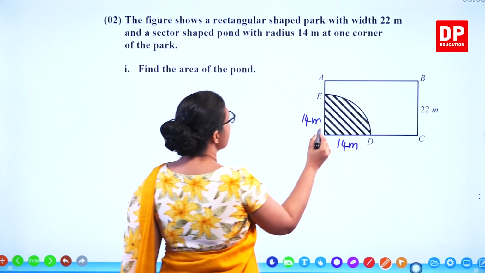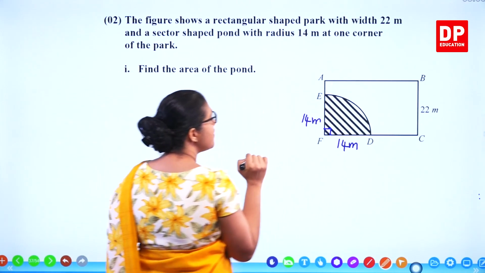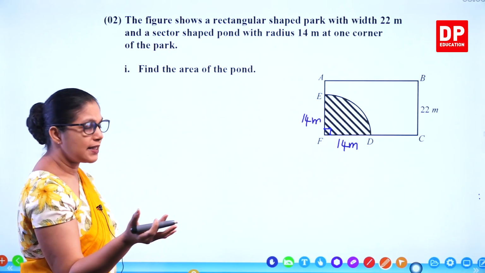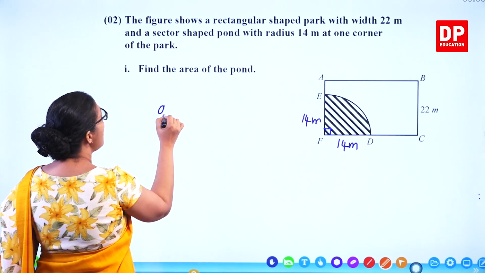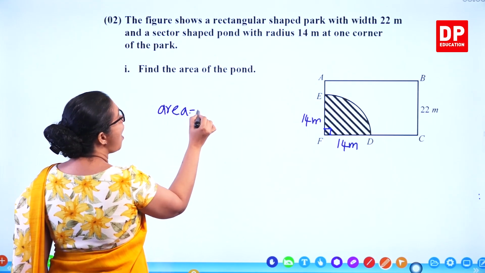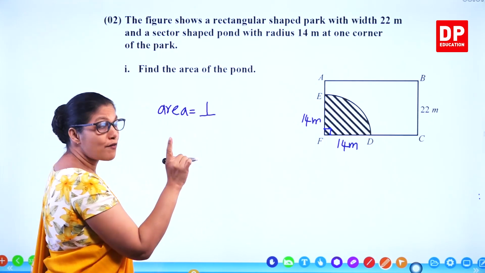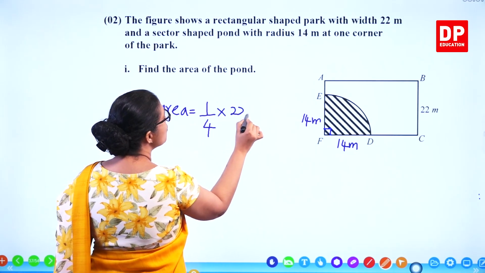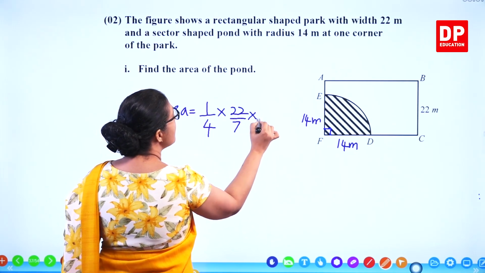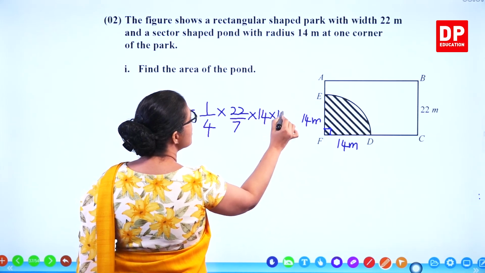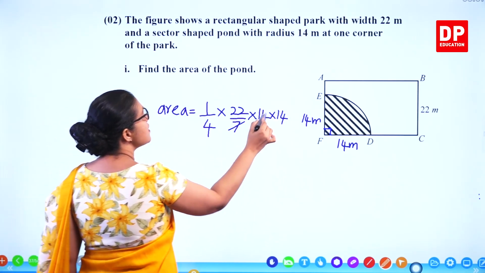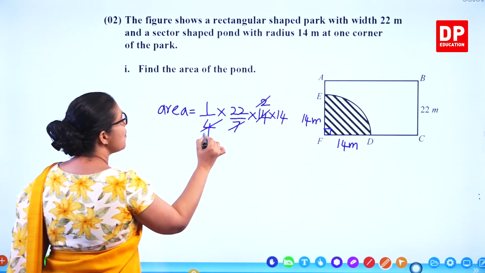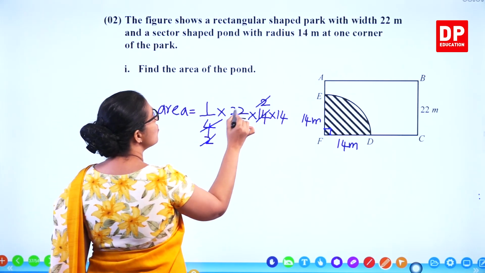So this is a rectangular shape, that's a 90-degree angle. So this is a quarter of a circle. So how do you find the area? Not half, 1/4 of pi r squared. Pi is 22/7, r is 14. 14 times 14, 7 times 2, 2 times 2 here, again 2 times 11.